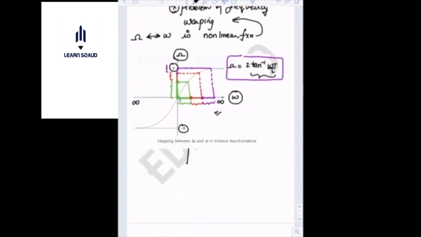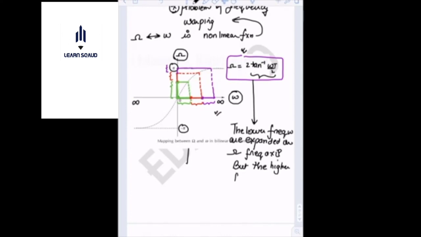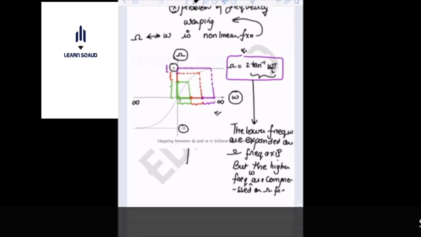Okay, so now due to this nonlinear relationship, what is happening is the lower frequencies of the continuous domain, that is the omega domain, are expanded on the digital frequency axis, but the higher frequencies of the continuous domain are compressed on the digital frequency axis. So this is what the frequency warping is.